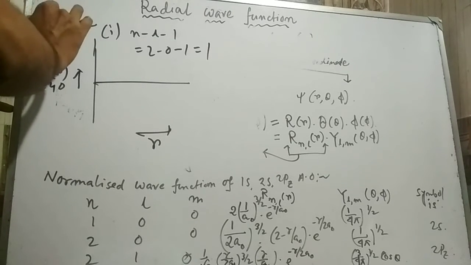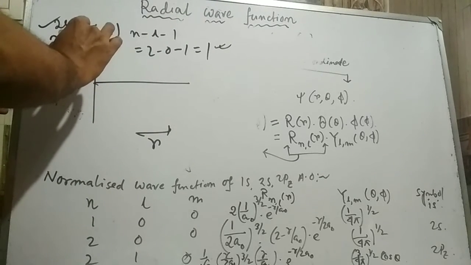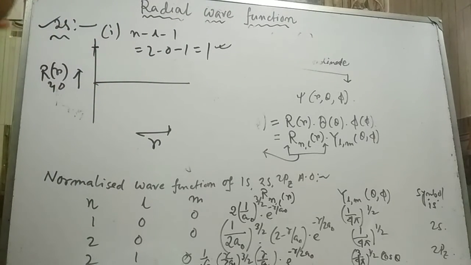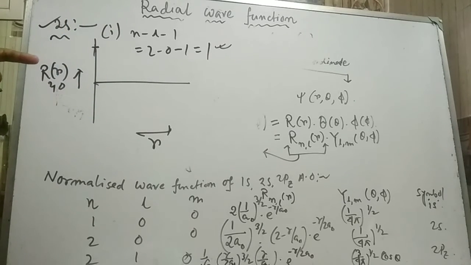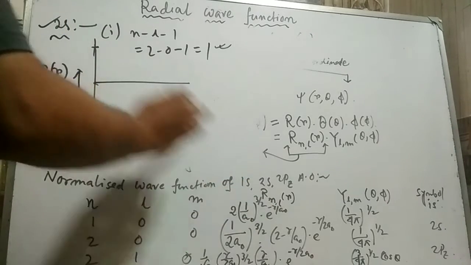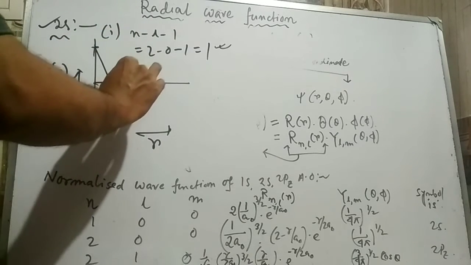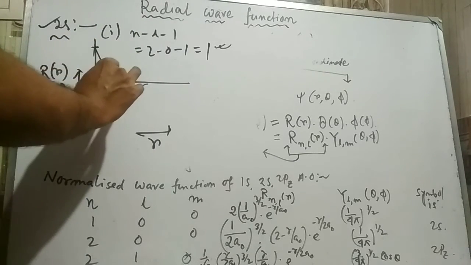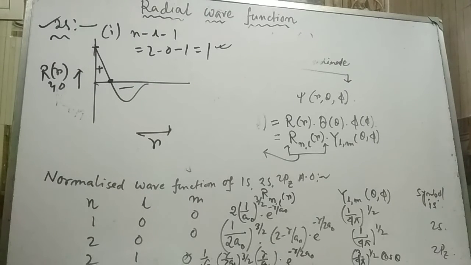For the 2s atomic orbital, one node is obtained, and the curve starts from this point, not from the origin, as an exponential decay. One node is obtained here: this part is positive, this part is negative, and this is the node. This curve is obtained for the 2s atomic orbital.